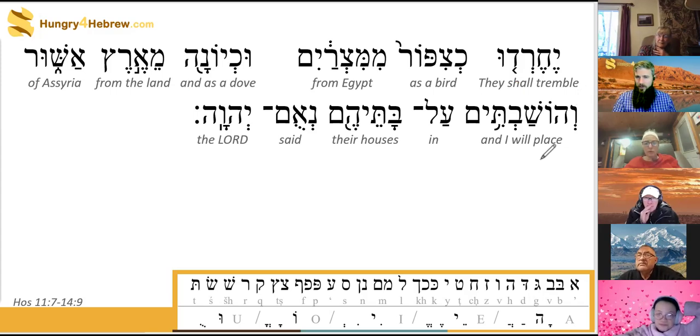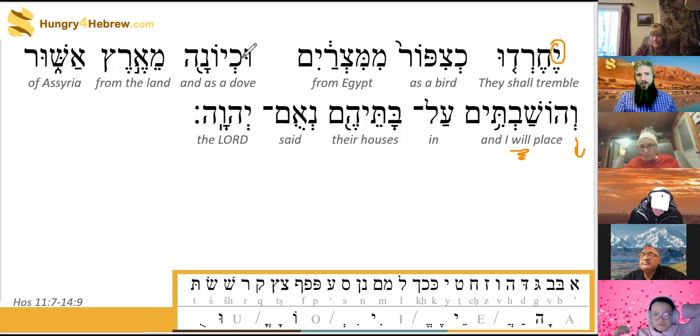Vihoshavtim, help me break down this verse. Ve is a conjunction. Is it a conjunction? No, it's not. It's a vegetal. It could be a conjunction, but in context, we have they will do something. So maybe this is vegetal. Yeah, vegetal. Hoshavti is, start at the end.